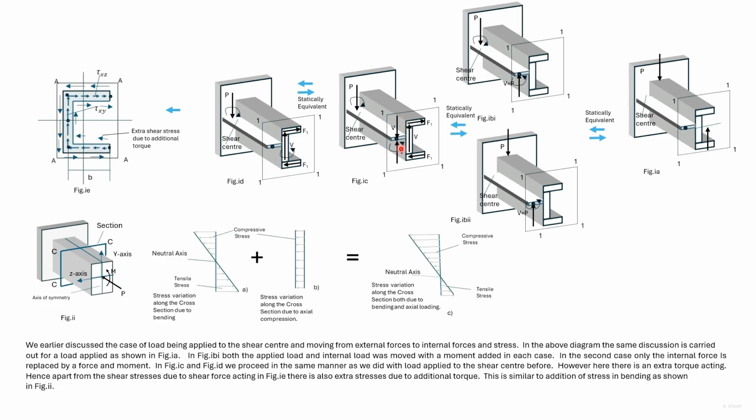These two forces are equal and opposite, and in figure 1D we have removed those two forces. So figure 1D is statically equivalent to figure 1C. There is still a torque acting as shown.